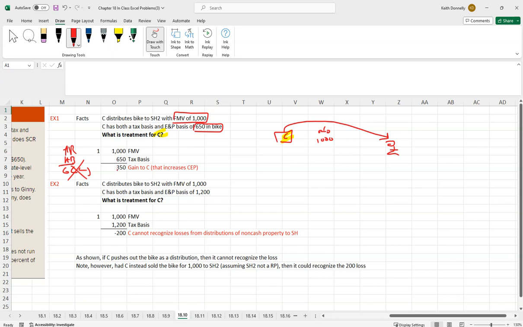So here, on the numbers, it's 350. Hey, that's a gain. That's going to increase CE&P. Down here, they change the facts where you have a loss. Well, if you have a loss, you're not allowed to recognize that. And then it says, oh okay, if you have a loss, maybe you'd be better off selling it. You can read it down there. That would let you maybe utilize the loss.